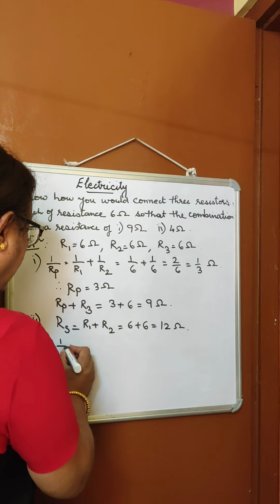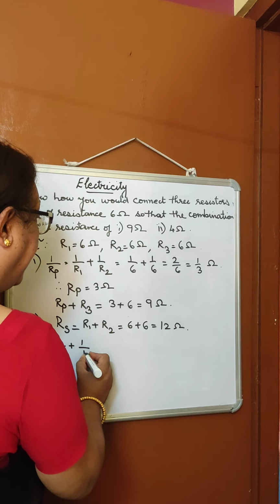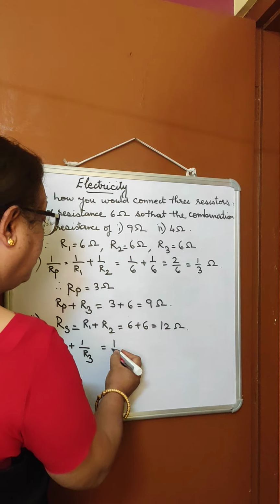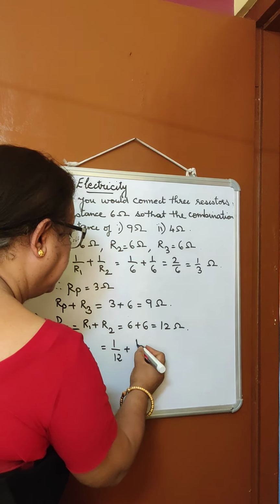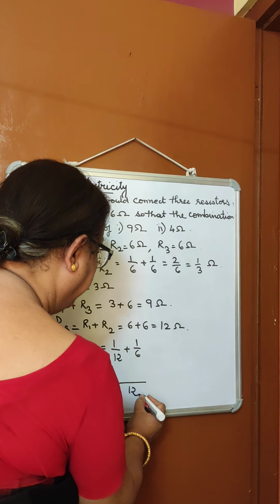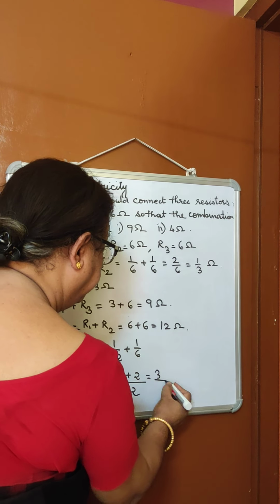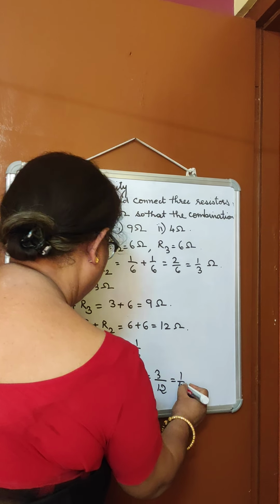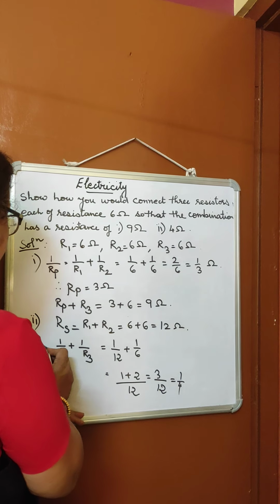Okay, now let us try if we connect this and the third one in parallel. So 1 by Rp equals 1 by Rs plus 1 by R3. Let us see what we get. Rs is 12, R3 is 6. Take the LCM. That is 1 by 4.